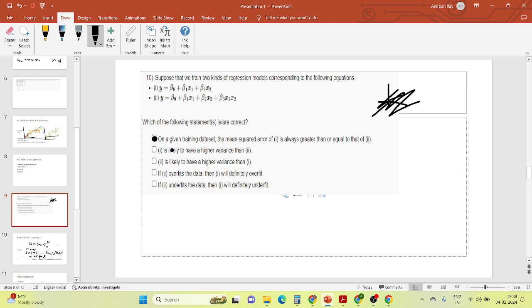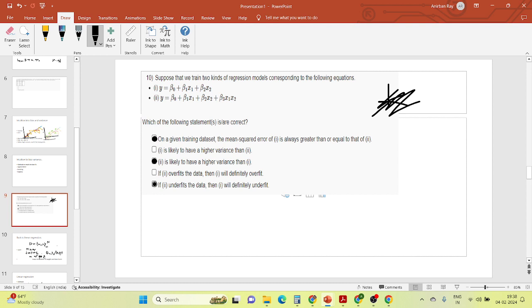Answer: 1 is likely to have higher variance than 2. Wrong. 2 is likely to have higher variance than 1. Right. If 2 overfits the data, then 1 will definitely overfit. That's wrong. If 2 underfits the data, then 1 will definitely underfit.